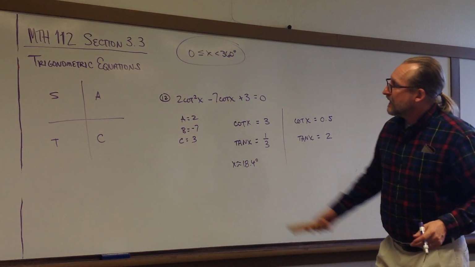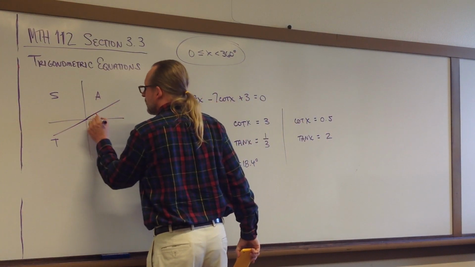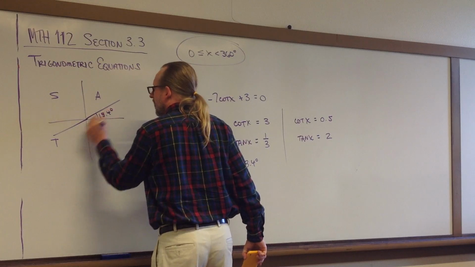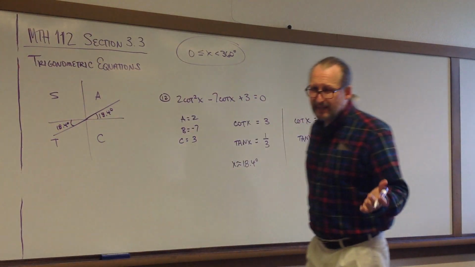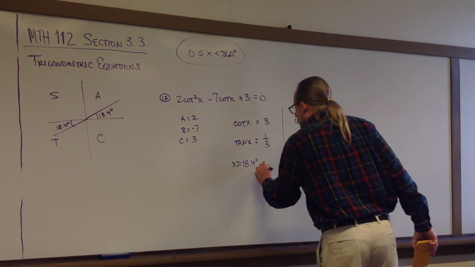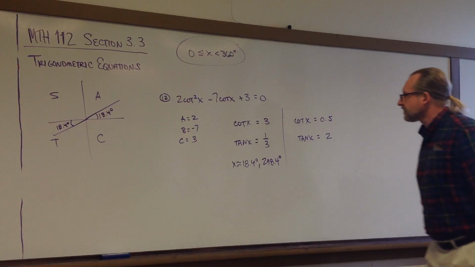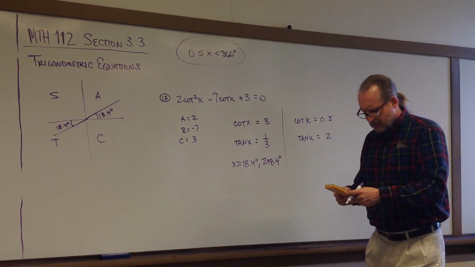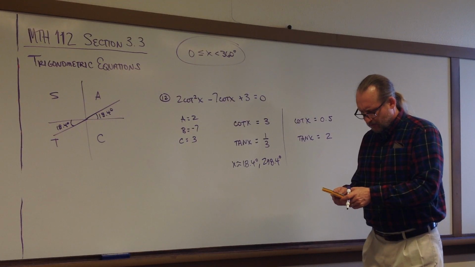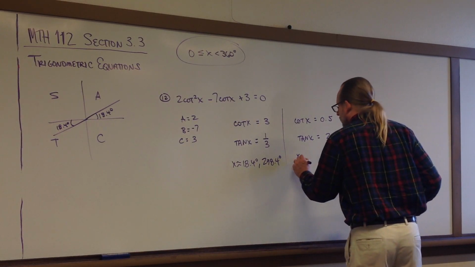Okay, the tangent is also positive down in the third quadrant. And there's our reference angle of 18.4. If we add that to 180, then that should be 198.4. Okay. Over here, tangent equal to 2, so inverse tangent of 2, 63.4 degrees.